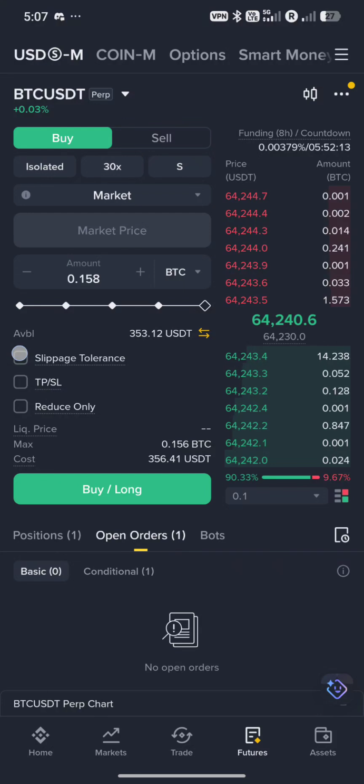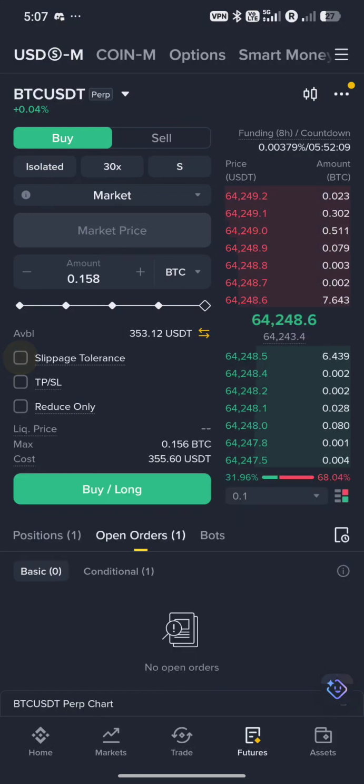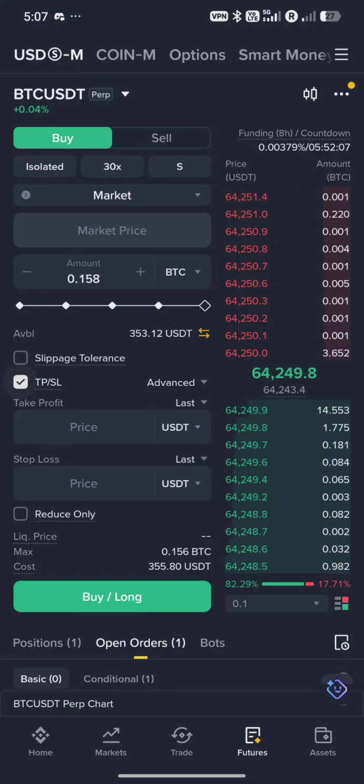So we have split tolerance. If you want the percentage, I will say don't bother yourself about this also, but this one is very important: TP and SL. Before you enter any trade, you need to know how much you are willing to lose. How much can you afford to lose? Let's assume you are entering a trade with $100.